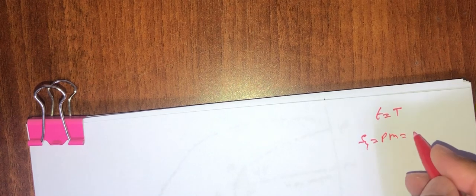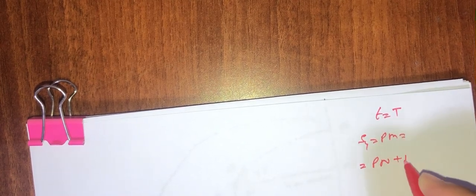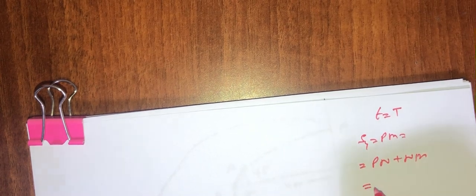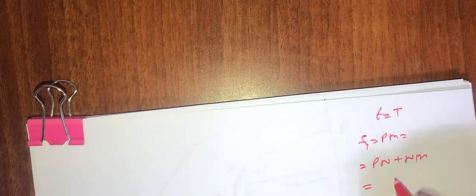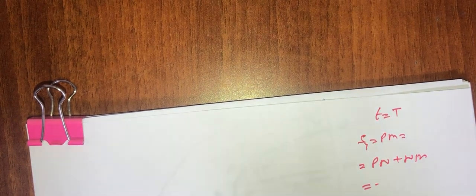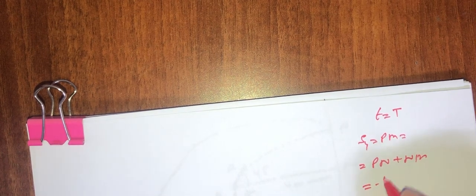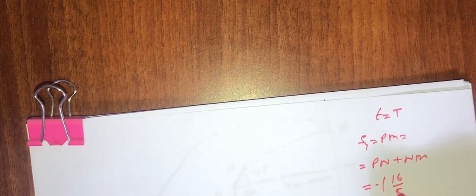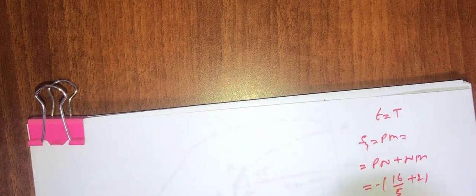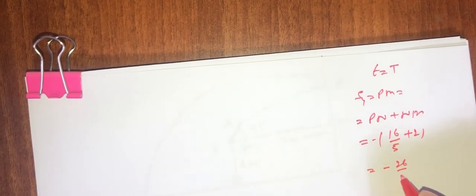So PM will be equal to PN plus NM. It will be minus because it is in the opposite direction. So this will be minus 16 over 5 plus 2 meters, and this comes as minus 26 upon 5.